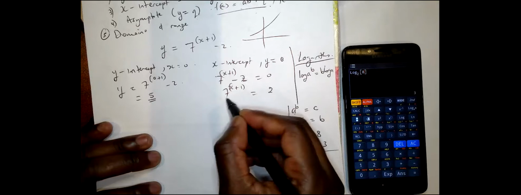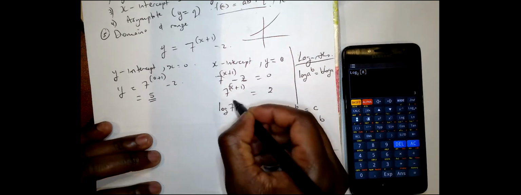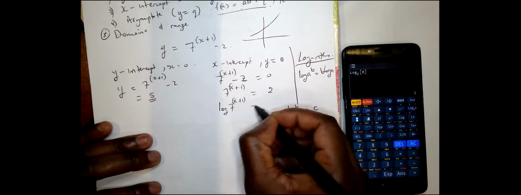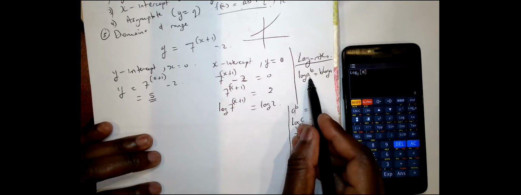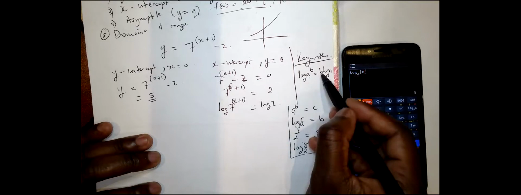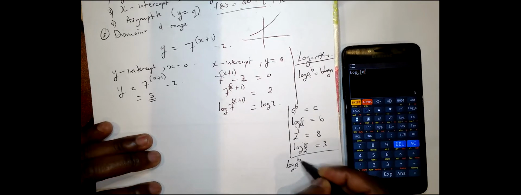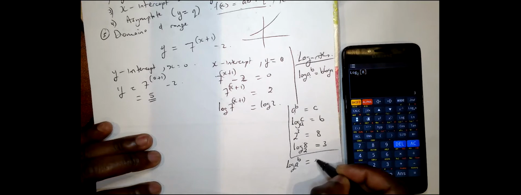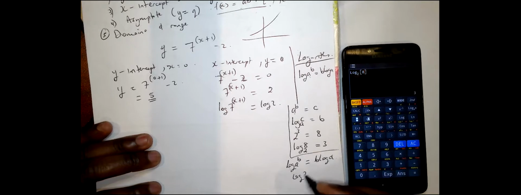Now we are going to apply log to both sides. It's going to be log of 7 to the power x plus 1 is equal to log 2. Then remember the law that we just stated: log a to the power of b is equal to b log a, or log 2 to the power of 3 is equal to 3 log 2.